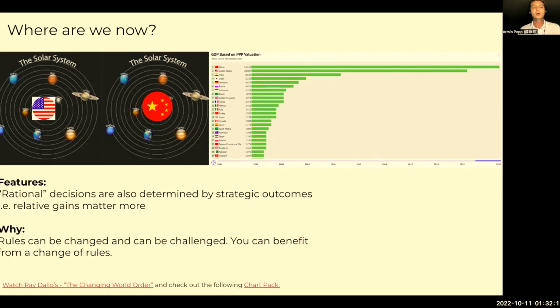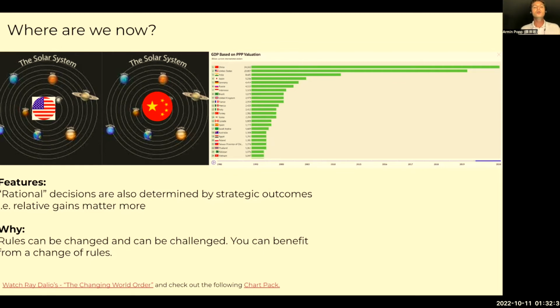because rational decisions are now determined by strategic outcomes. In other words, absolute gains don't matter as much as they used to, but now relative gains matter more.